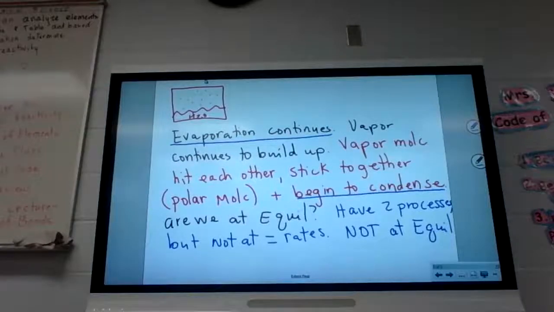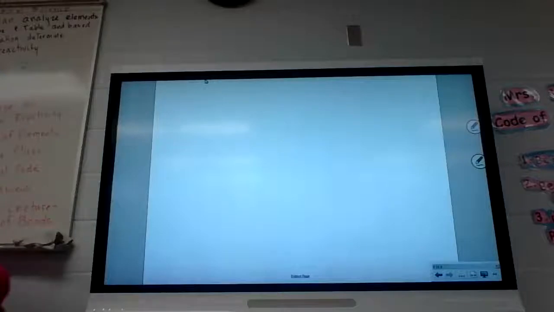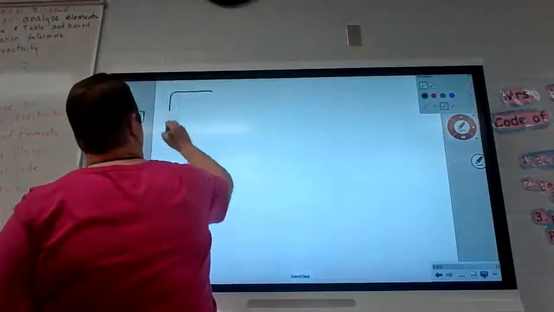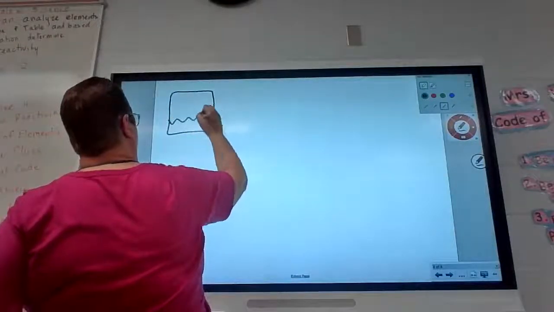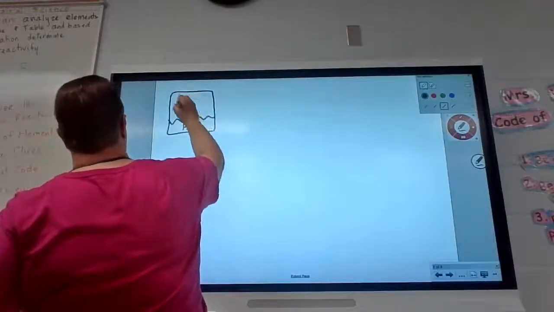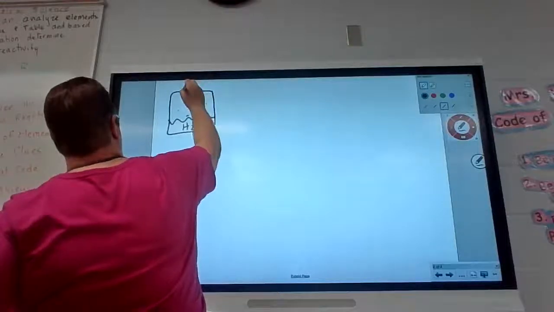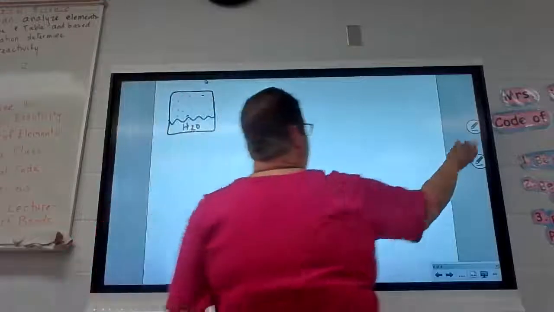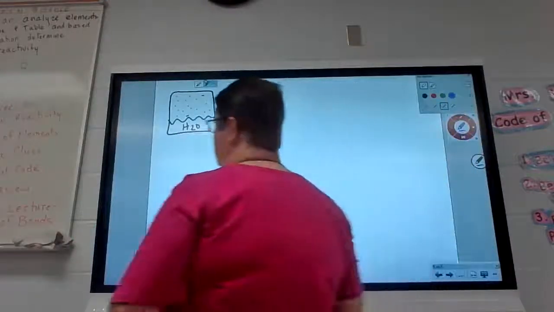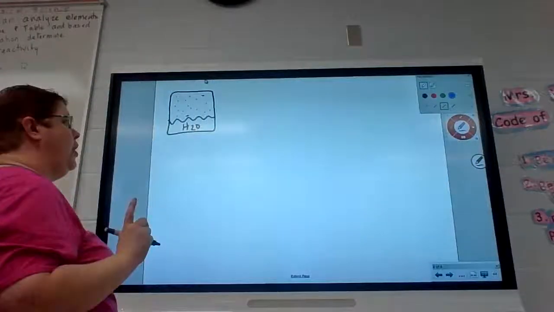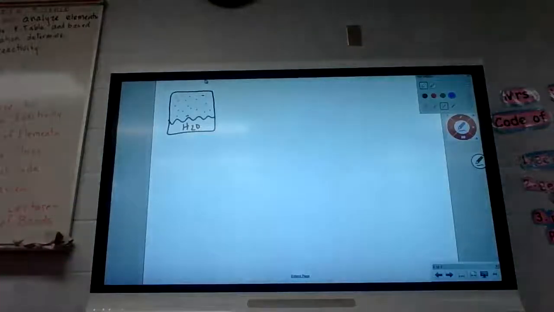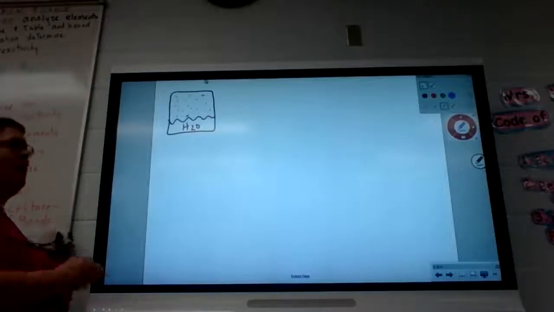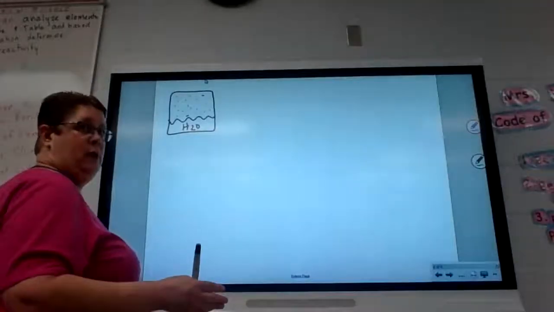All right. So for the final box, how will you know that you're at equilibrium? So are we gone? No, all the water will not be gone. It's a closed system, so the water can't leave. The vapor is trapped inside. The water's trapped inside. It'll be condensation. That's an equal amount of vapor and water. Okay. Now, nowhere in the description of equilibrium does it say the amounts of water and vapor are equal. The amounts are irrelevant.